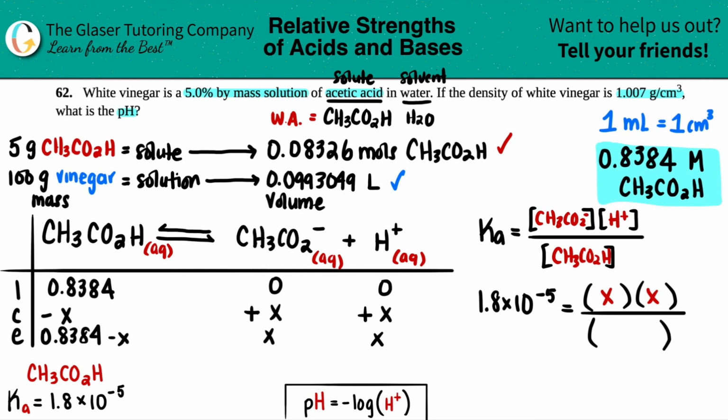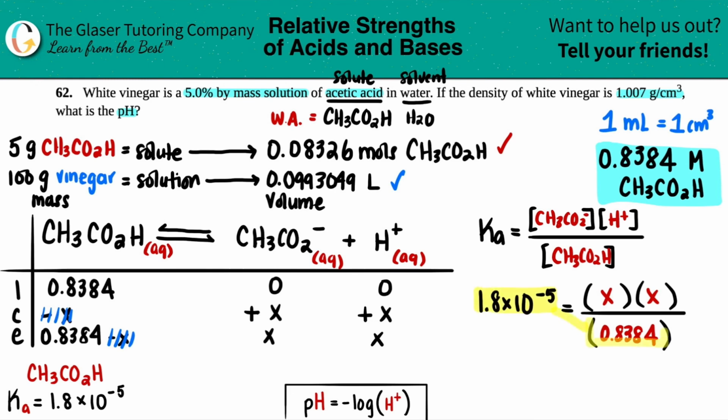So in terms of simplicity of doing the math, we can say this minus x is so small that I can negate it, and I can only put the 0.8384 at the bottom here. Just going to make life much easier when we try to do the math. Now, let's do the math, right? We're going to cross multiply here.